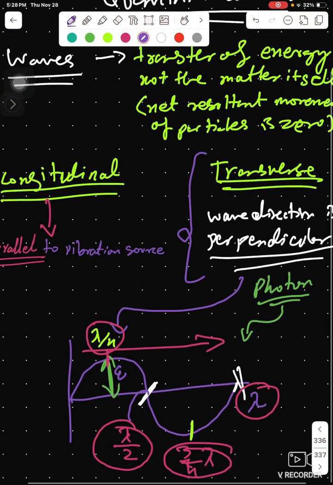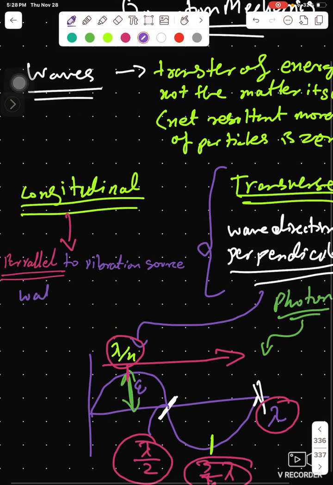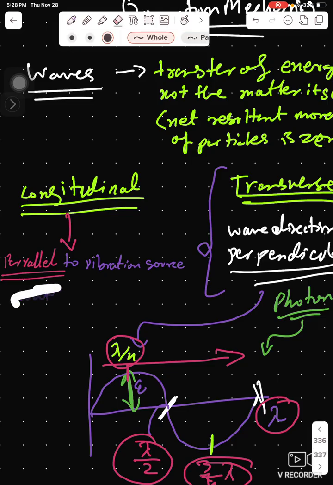So just remember that squashing and releasing a spring is a longitudinal wave, and electromagnetic waves are transverse waves.